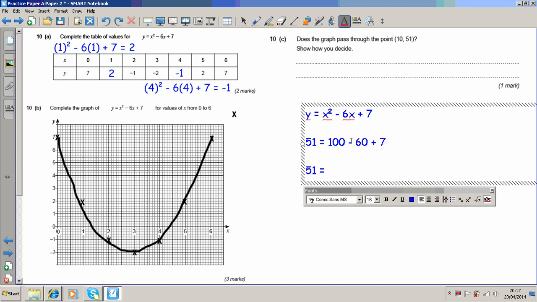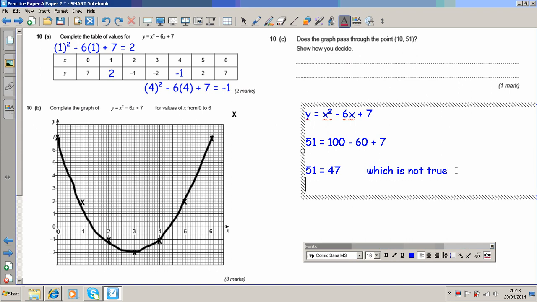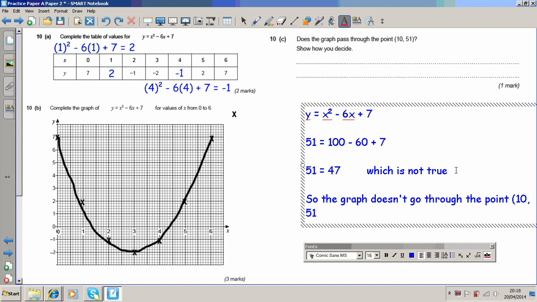So 100 minus 60 is 40, add 7 is 47. Well, which is not true. 51 doesn't equal 47. So the graph doesn't go through the point 10, 51.